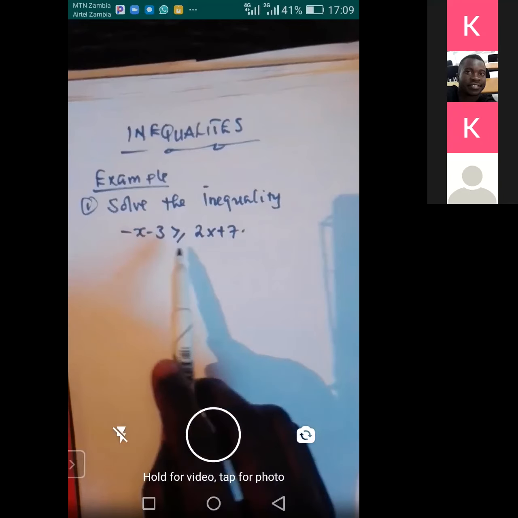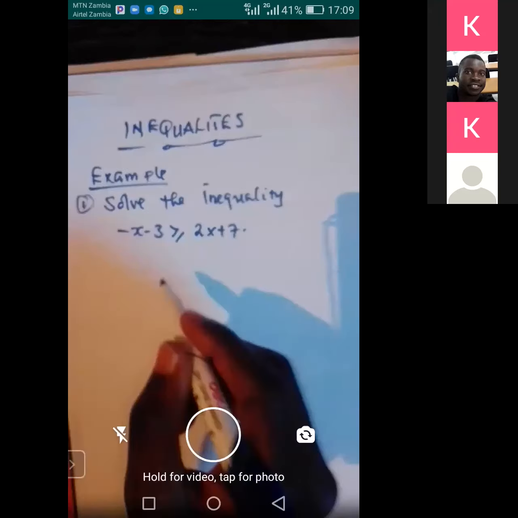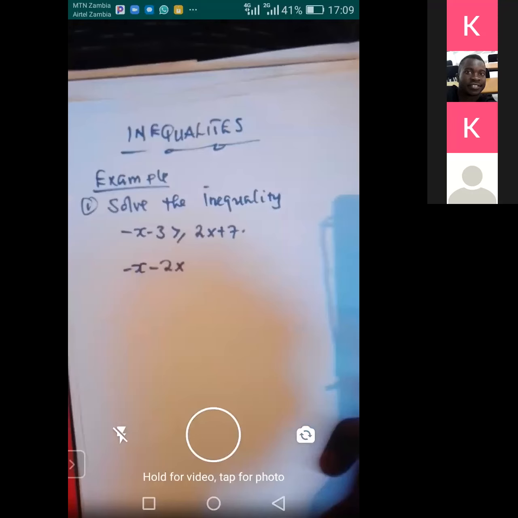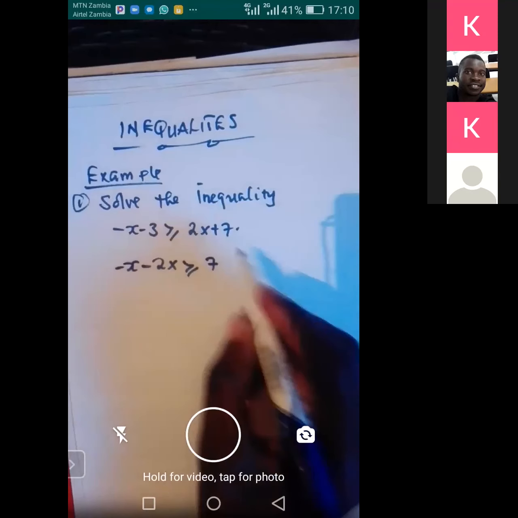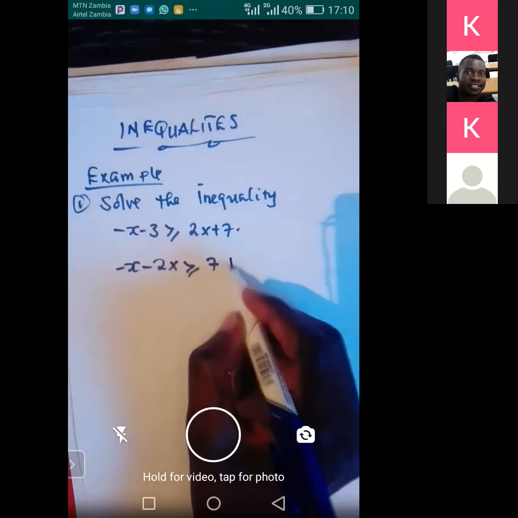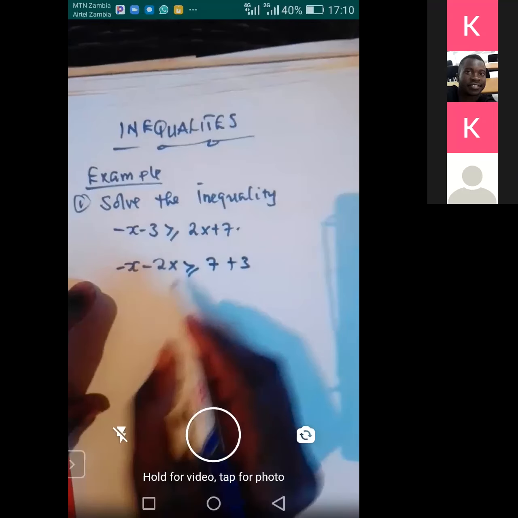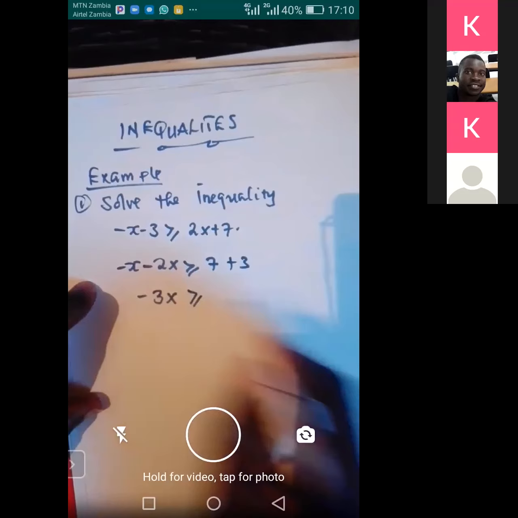So as usual with this one, we are going to collect the like terms. So we have minus x and minus 2x this side being greater or equal to 7 plus 3, so you are going to have minus 3x being greater or equal to 10.